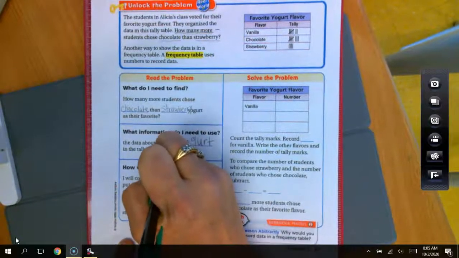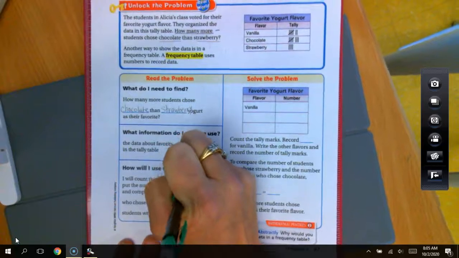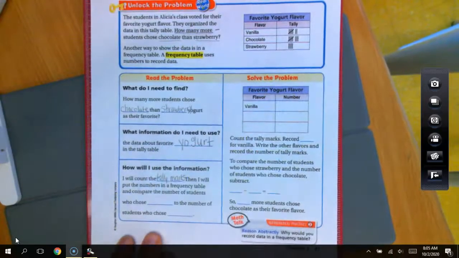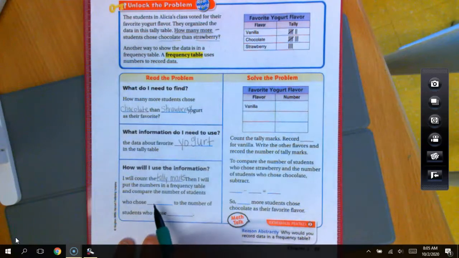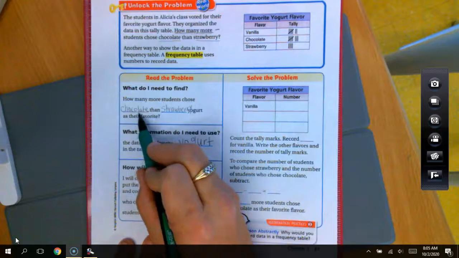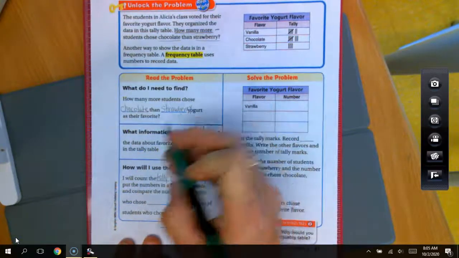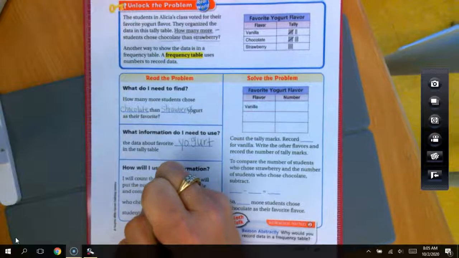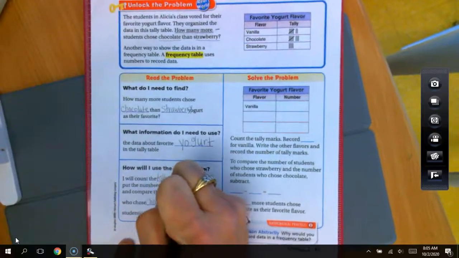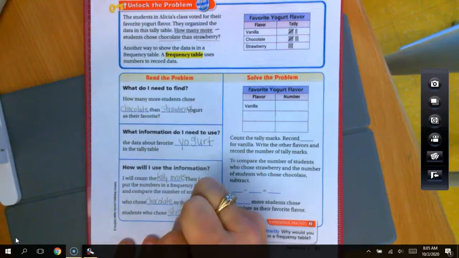So write the words tally marks on the line. Then we put the numbers in a frequency table and compare the students who chose, you guessed it, chocolate to the number of students who chose strawberry. So write chocolate to the number of students who chose strawberry.